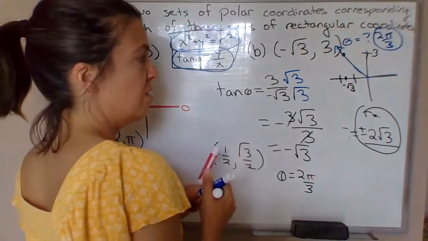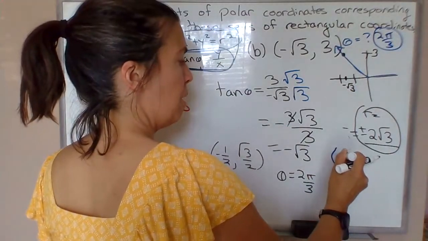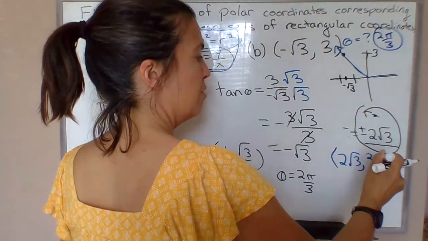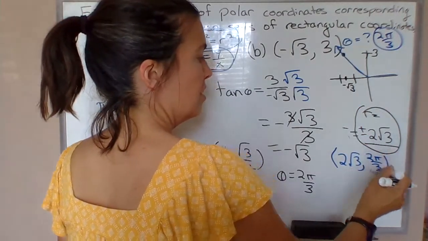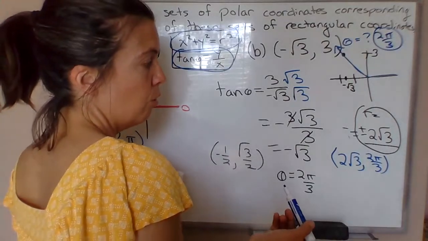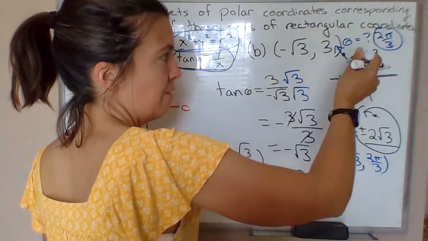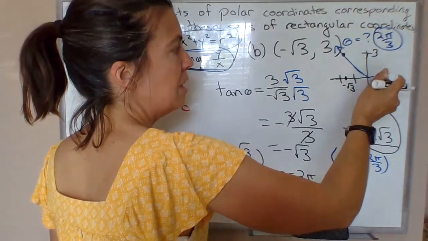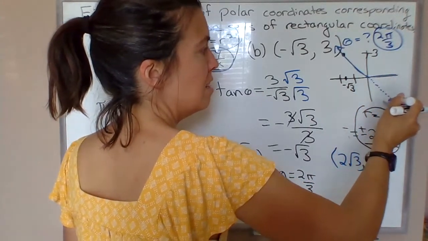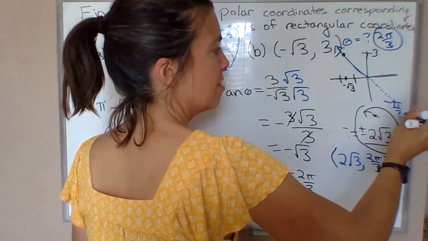So one possibility, one set of polar coordinates here, would be positive 2 square root of 3 for r, and theta is 2 pi over 3. That's one way we could do it. We could also use a negative value of theta if we want. This ray right here would correspond to negative pi over 3 radians.